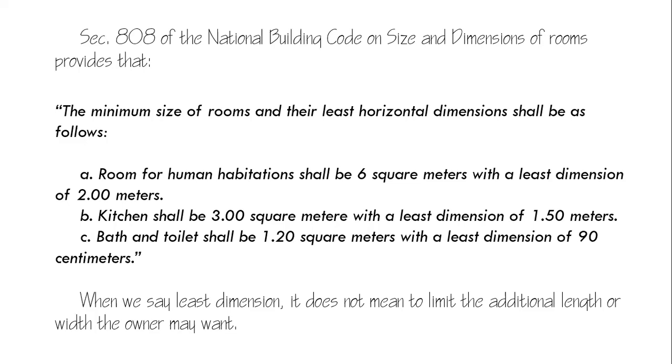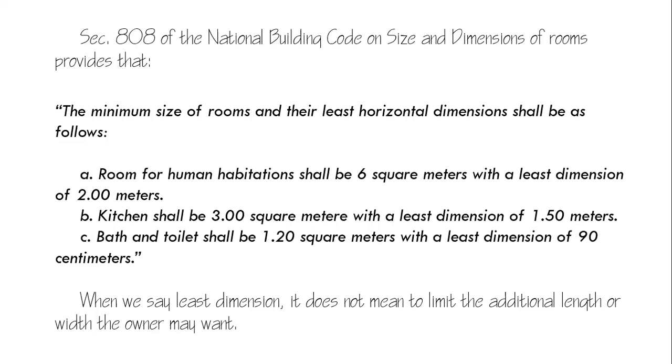So ang set sa National Building Code for that one shall be 6 square meters, with the least dimension of 2 meters. So 6 square meters ang area. Ang pinaka gamay na dimension niya is 2 meters.